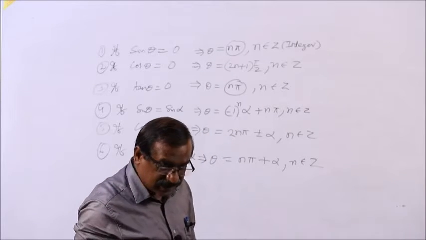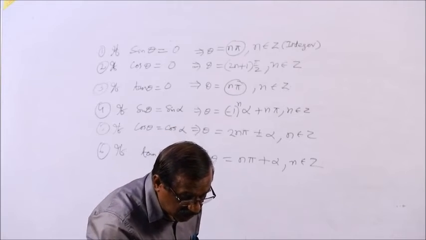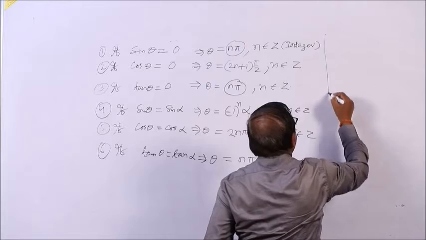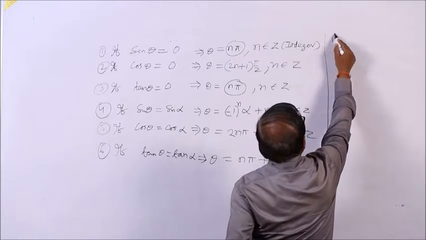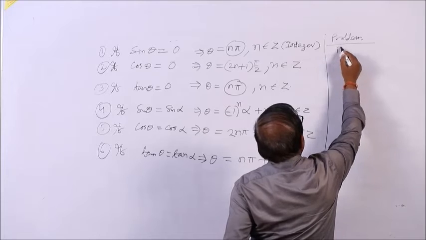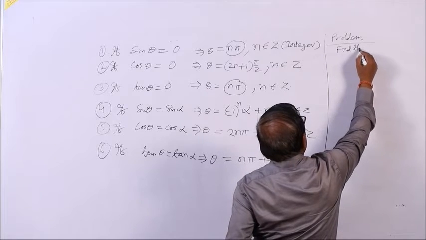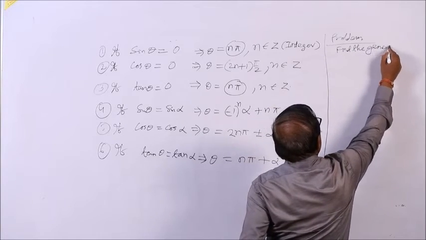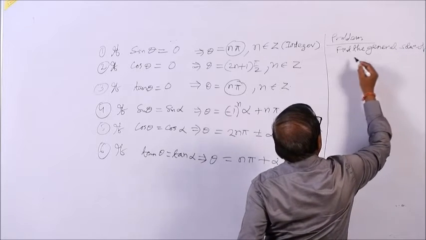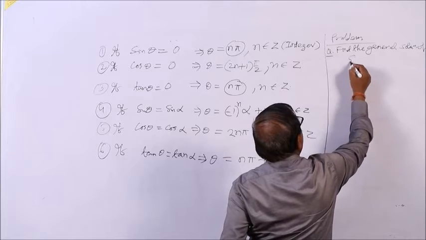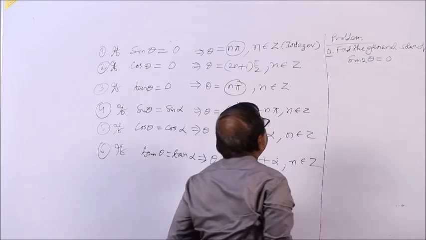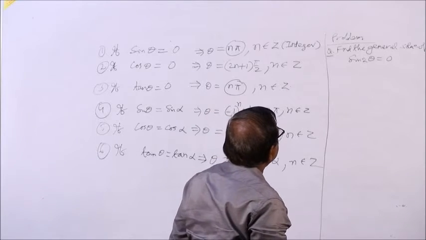The question is this: find the general solution of the equation sin 2 theta equals 0.